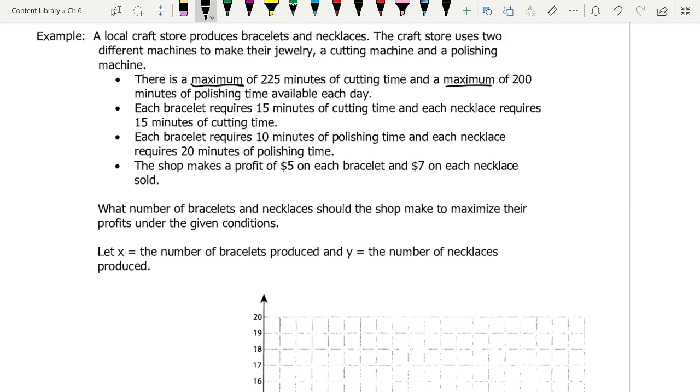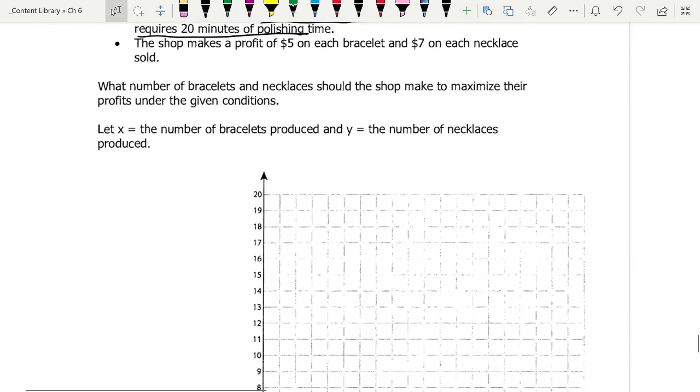Each bracelet requires 15 minutes of cutting, and each necklace requires 15 minutes of cutting. Each bracelet requires 10 minutes of polishing. Each necklace requires 20 minutes of polishing. The shop makes a profit of $5 on each bracelet and $7 on each necklace. They're telling us again X is bracelets and Y is necklaces so that we all get the same picture.